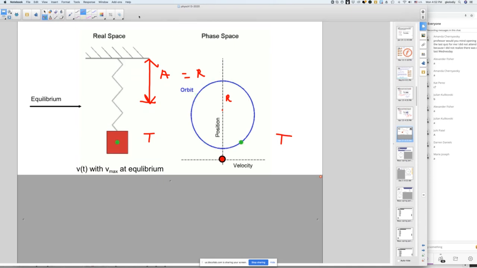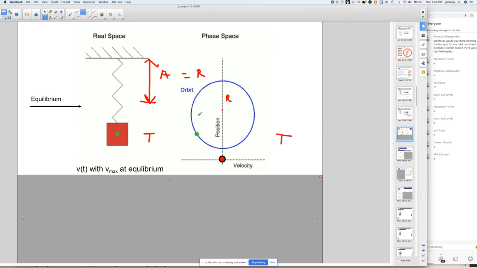Now, what we're going to do is try to derive an equation for the period of this mass oscillating up and down. And basically, this also would be part of the lab today. What's the equation for the period of something oscillating in simple harmonic motion attached to a spring like we have here?